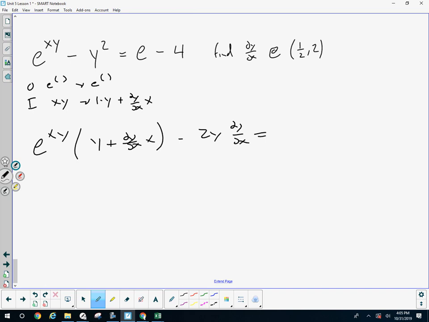What? 0? Why isn't it e? E is just a number. Tricked you. This is just a number. It's not e to the x. The derivative of a number is 0. So don't get tripped up by that.